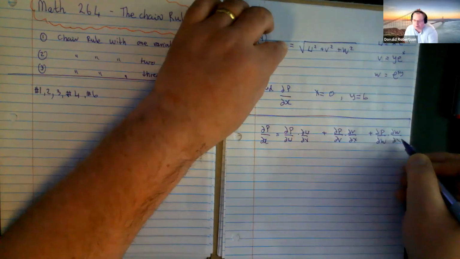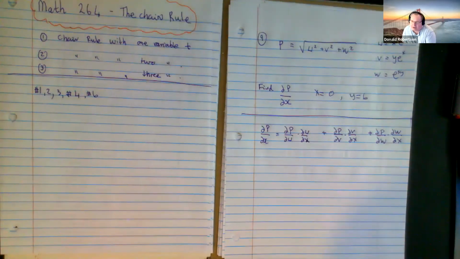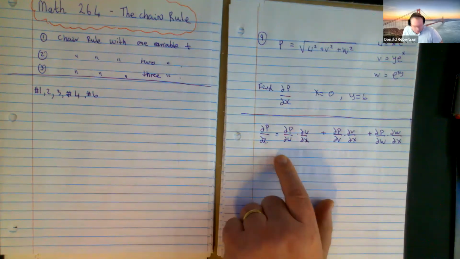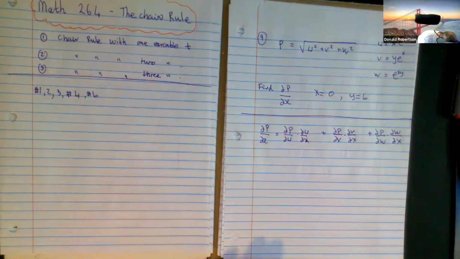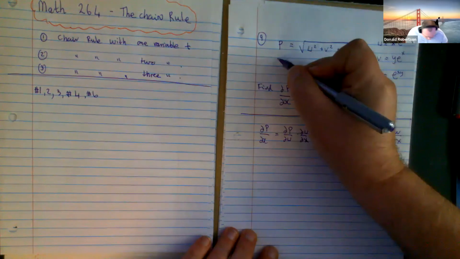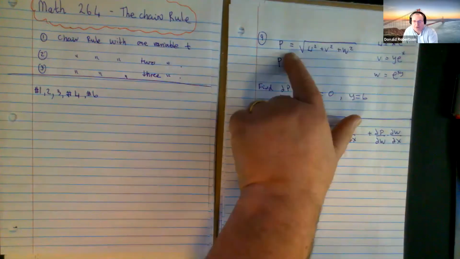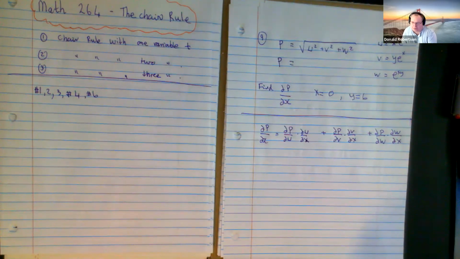Are you comfortable about the formula that I created from this situation? Are we good? Right, side issue. I'm going to have to differentiate this thing. I'm not going to leave it as a square root, agreed?